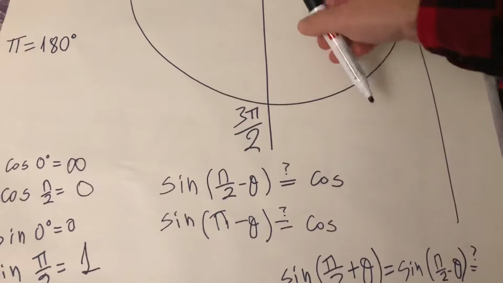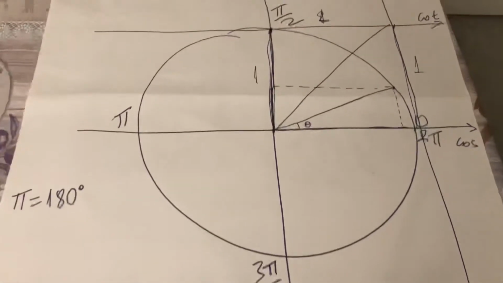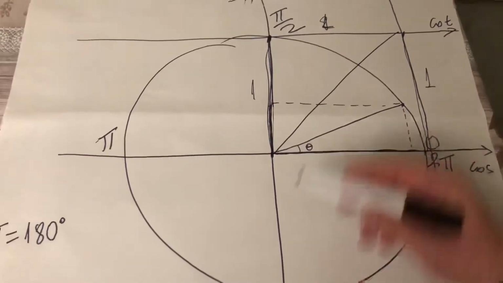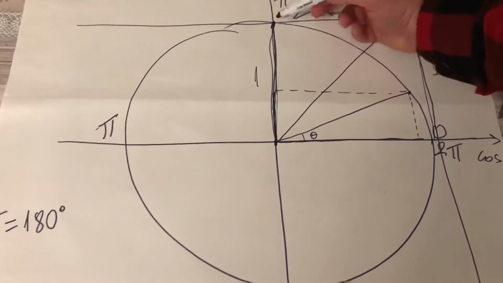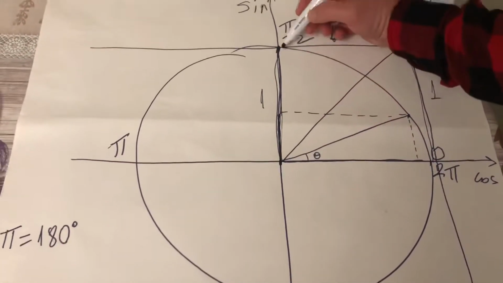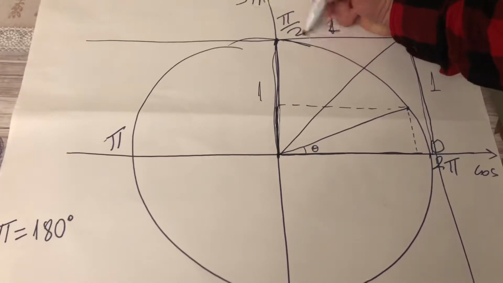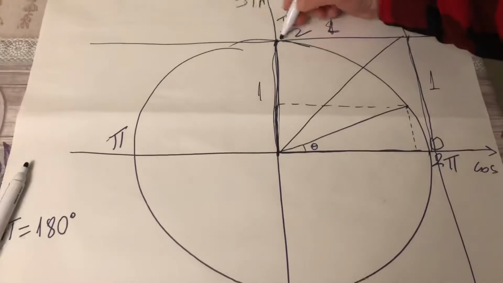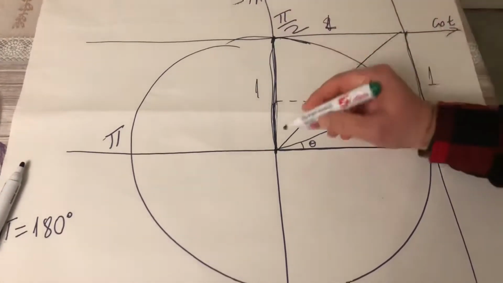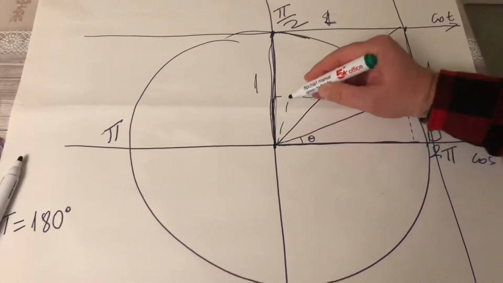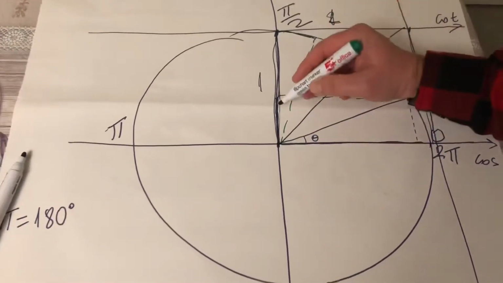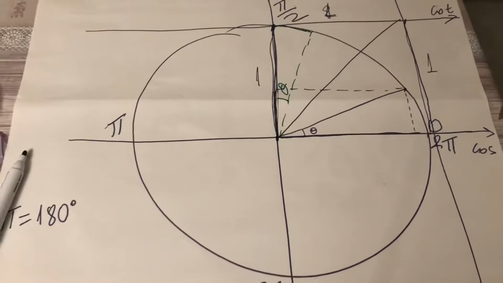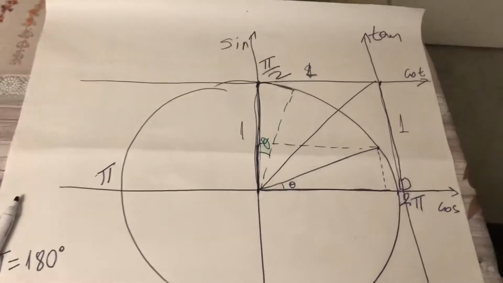So let's take again the angle theta. Sine of pi over 2 minus theta means that I come back from pi over 2 by theta. Maybe it's better this time if I use another color of pen. This is pi over 2 minus theta.